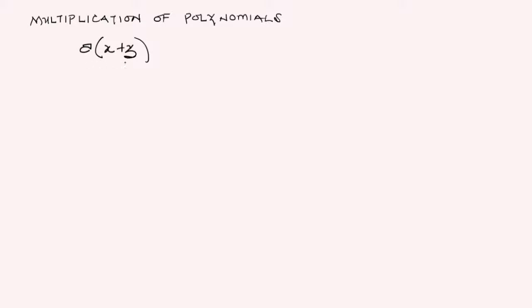Now, the right way to do this multiplication is to distribute this a over the terms in the bracket. So a would multiply x and a would also multiply y. So if we write that out, a multiplied by x is equal to ax plus a multiplied by y is equal to ay.